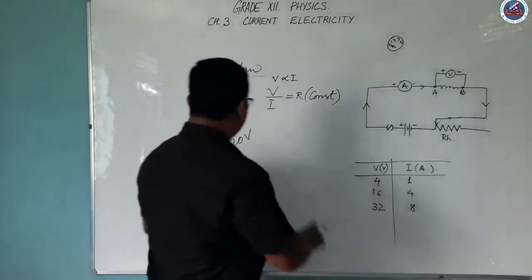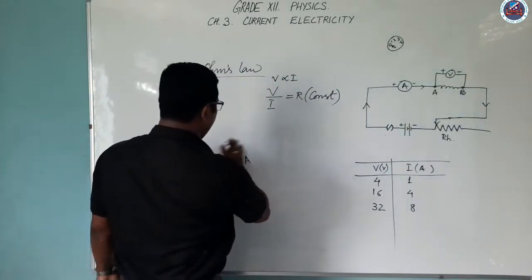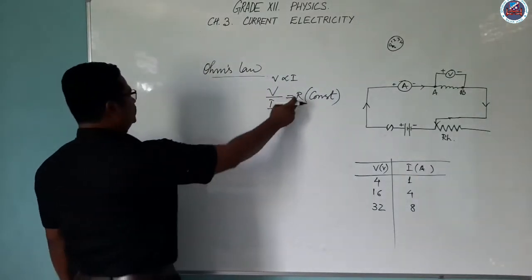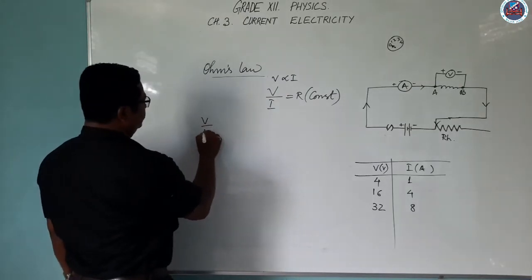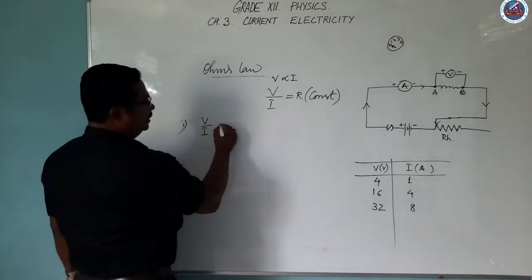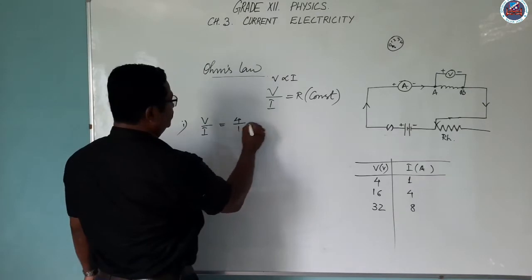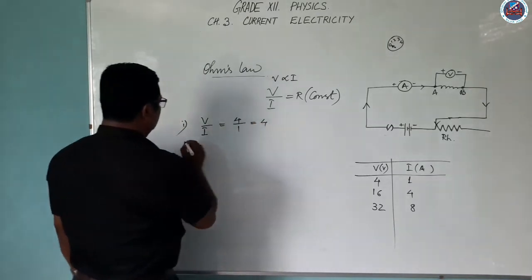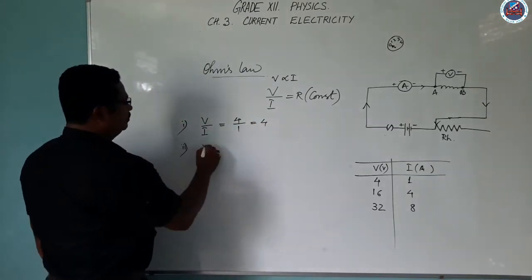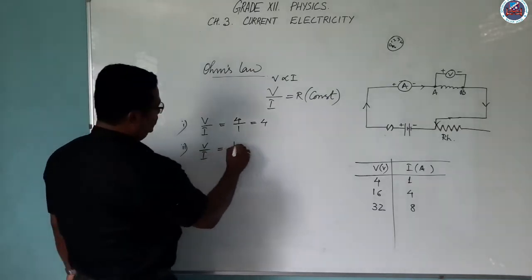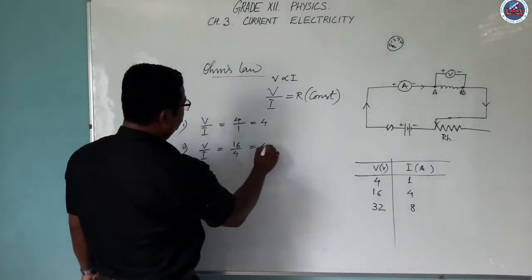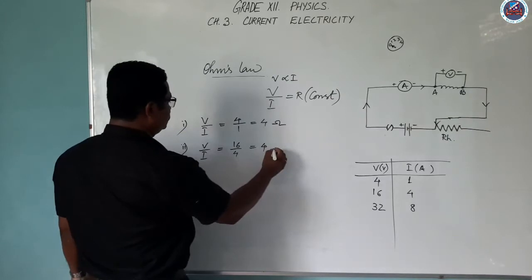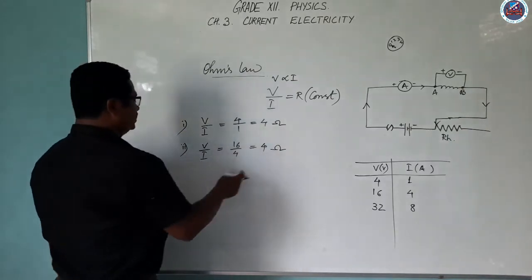Now if you calculate the value of V by I, that will give us the resistance. In the first case it will be 4 by 1, which is 4. In the second case, 16 by 4, this is also 4 ohm.